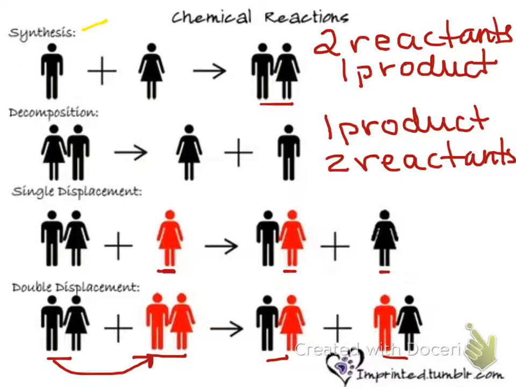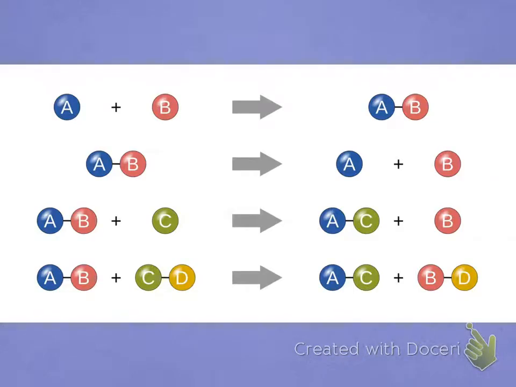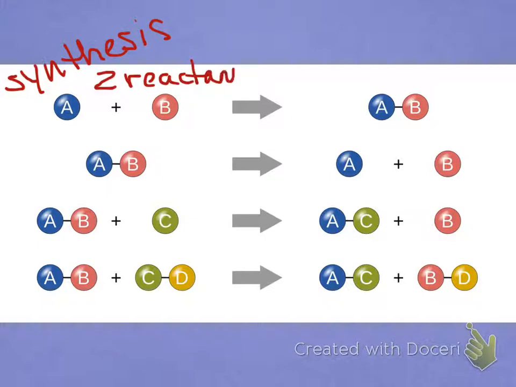Okay, so let's look at this in terms of some letters instead of people. Now we have just letter representations and spheres, which would represent atoms. We have A plus B yields AB. This is our synthesis reaction. And again, we have 2 reactants and 1 product.